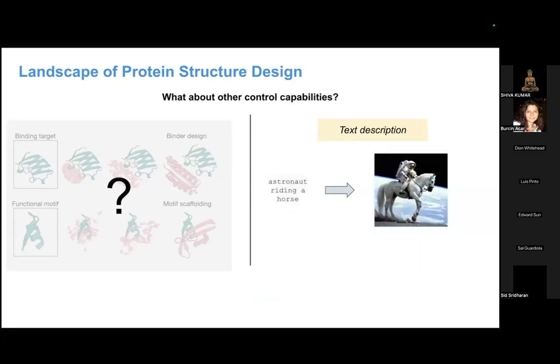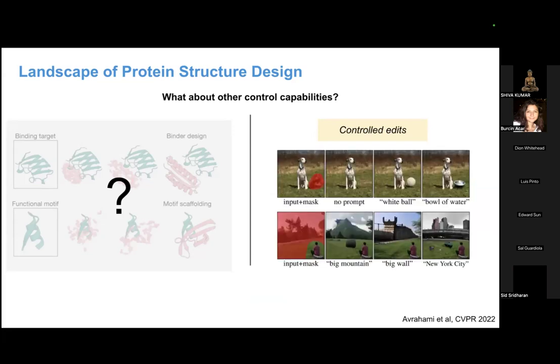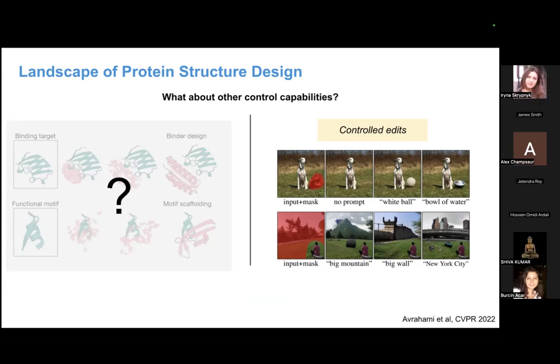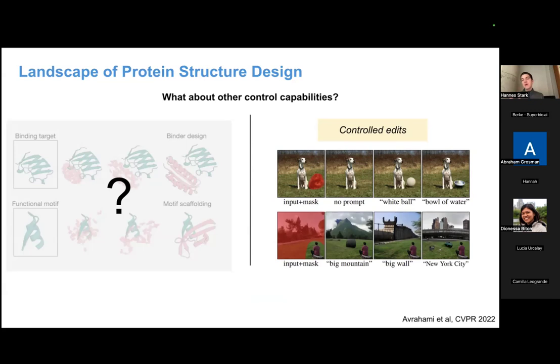We also have things like being able to condition on text and then generate images that correspond to that text. Or lastly, as an example, we can make controlled edits where you have an input image and an input mask, and you combine this with an additional text prompt saying that you want to replace the mask with whatever you put in your text.